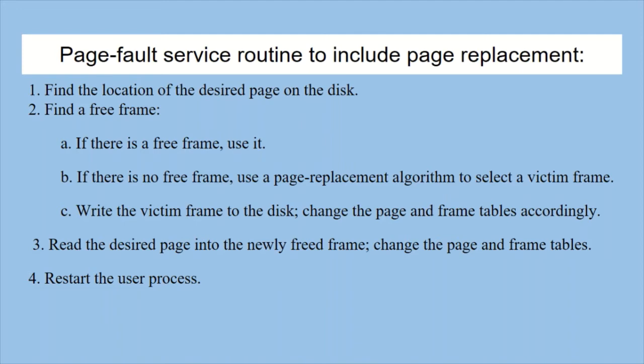If there is no free frame, use a page replacement algorithm to select a victim frame. Write the victim frame to the disk and change the page and frame tables accordingly. Read the desired page into the newly freed frame and change the page and frame tables. Then lastly, restart the user process.